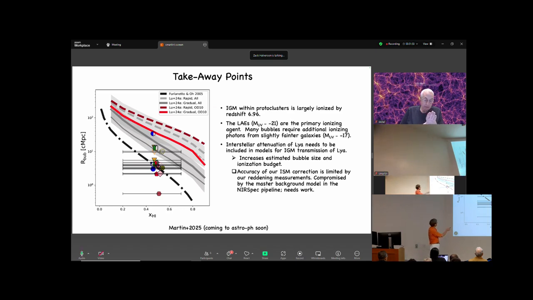And to make a comparison here to a model of bubble size by Furlanetto and Oh that some of you will be familiar with, where they were really predicting sizes of individual bubbles, not accounting for bubbles merging and what those sizes would be. Our individual bubble measurements lie largely on that without correcting for the ISM and getting the larger bubbles. When we correct for the ISM, we're moving up a little bit.